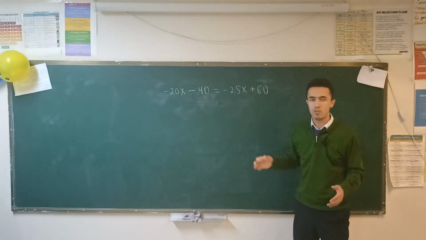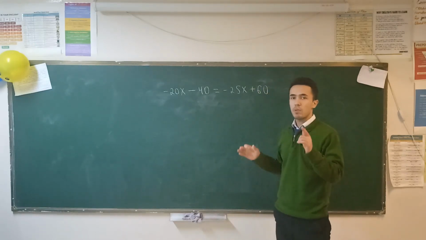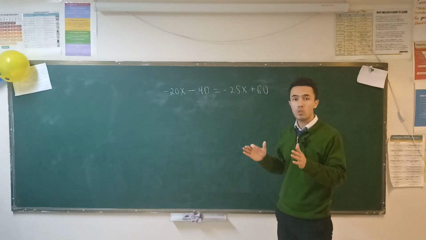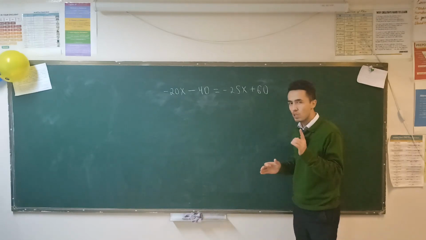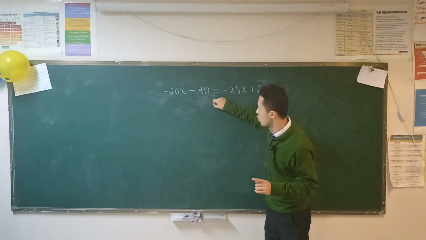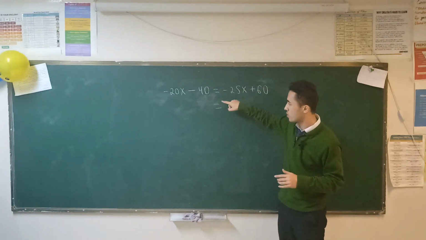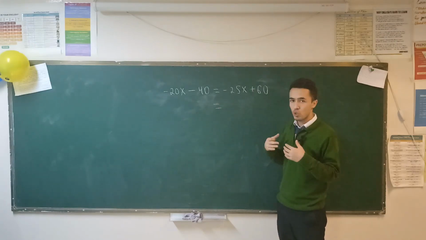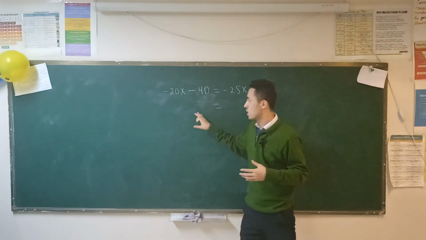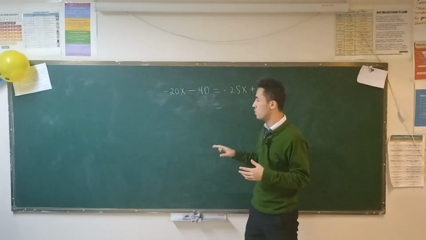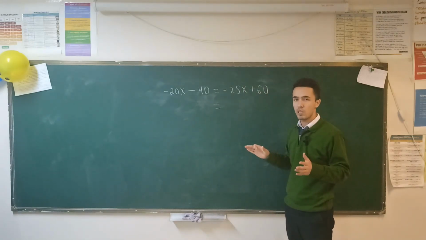Let's solve this equation. We are going to implement the same road method. So how does it work? We are going to put this road, and now our job is to write from the left side only x's, and from the right side only numbers.